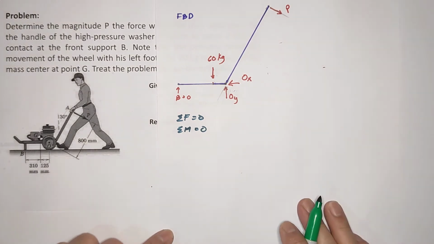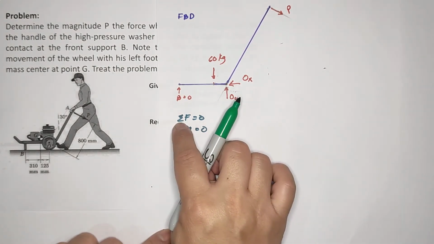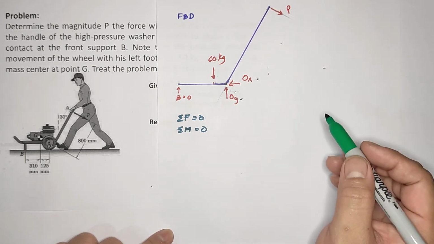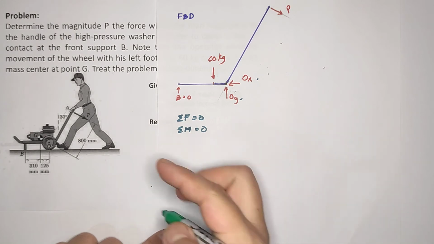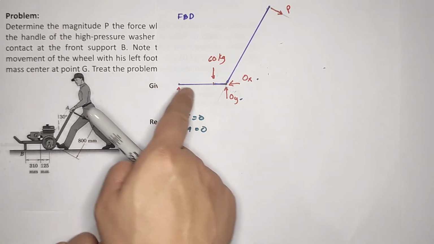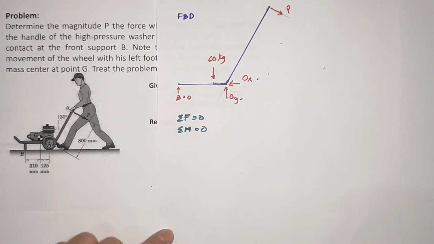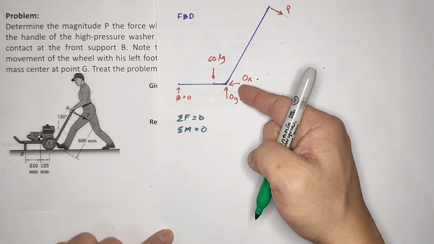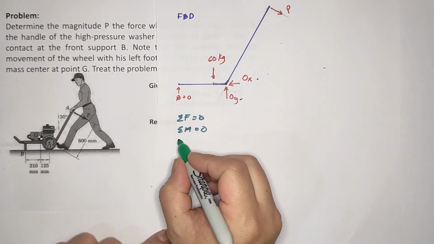Now we're looking for this one. If we start with summation of forces, this is unknown and this is unknown, so it's better to start with summation of moment. I will take moment at the point that eliminates O_X and O_Y.